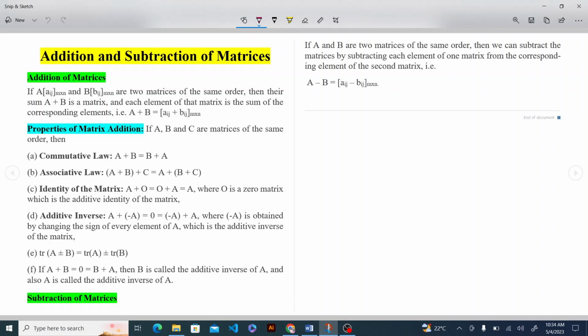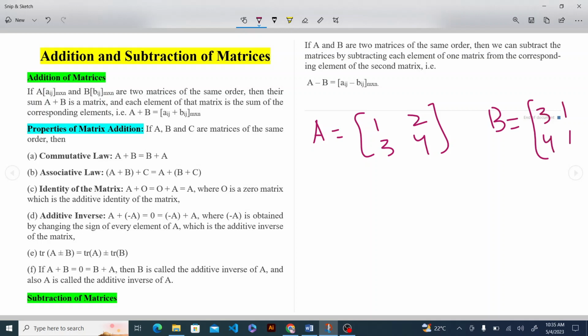So basically the idea is, if we have two matrices A and B, suppose A is of order 2 by 2, with elements 1, 2, 3, 4, and B is of the same order, meaning 2 by 2, 2 rows and 2 columns, and we add these matrices.